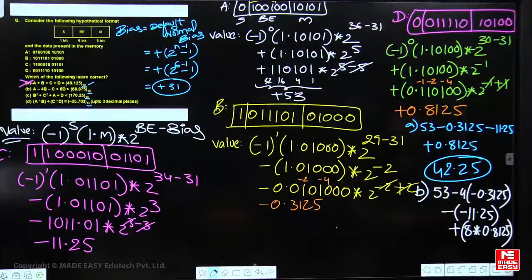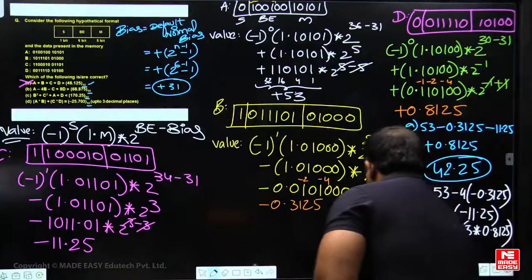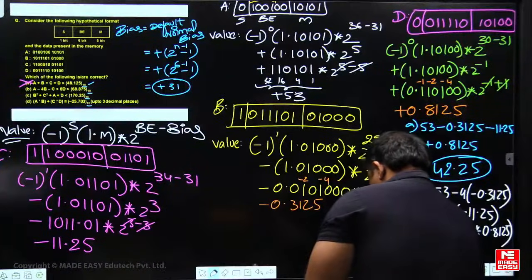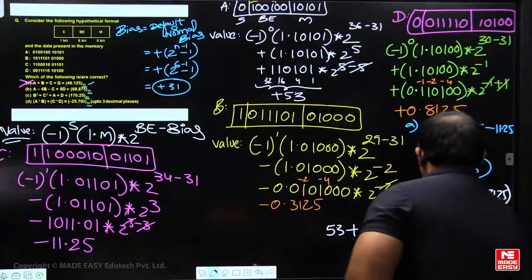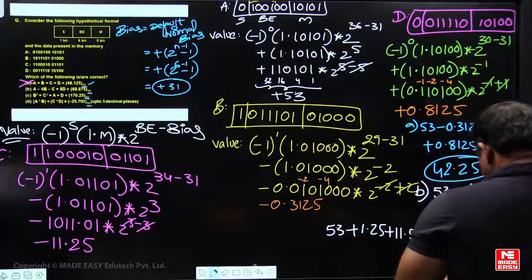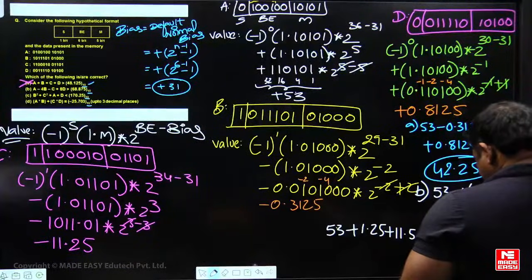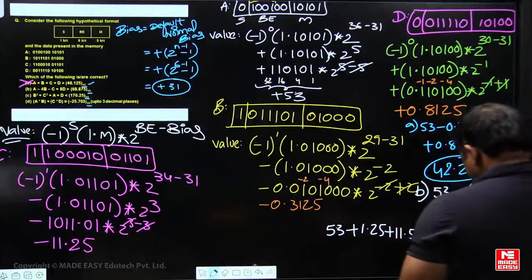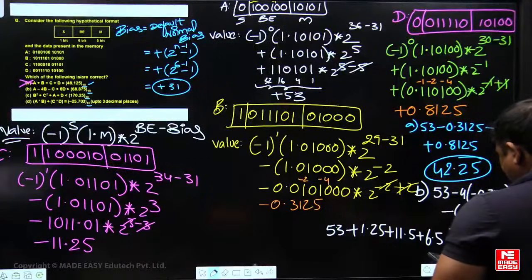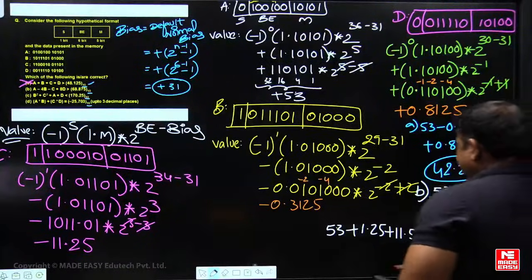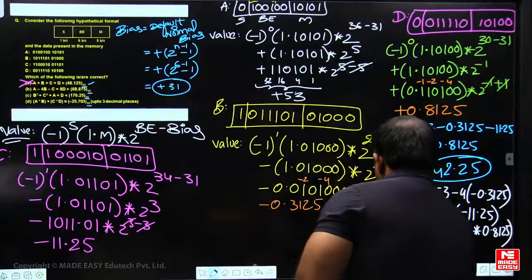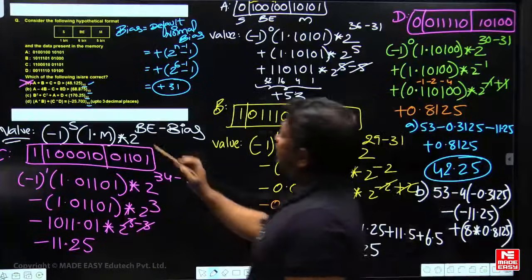Is it greater than 68.875? Check it. 4 into 0.3125 is 1.25, then 7.5, and 8 into 0.8125 is 6.5, plus 11, so the total is 72 point something. Okay, students, now is it greater than? Yes.